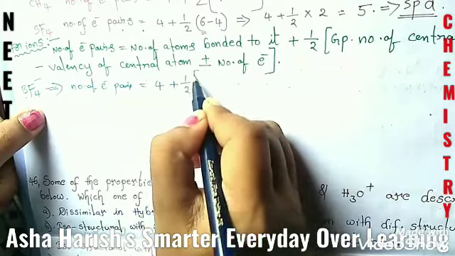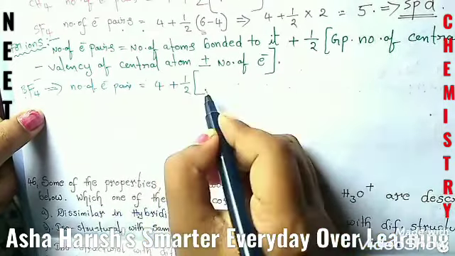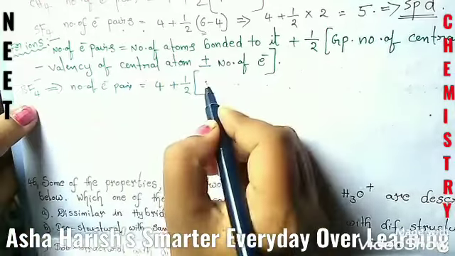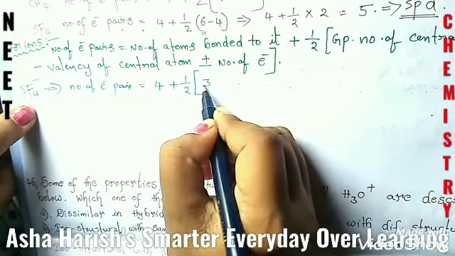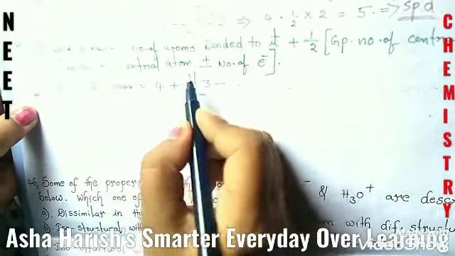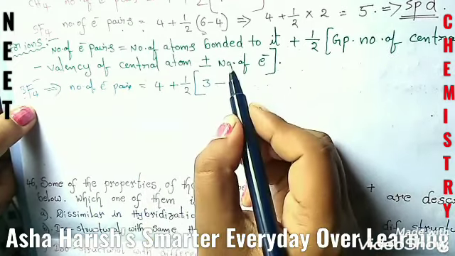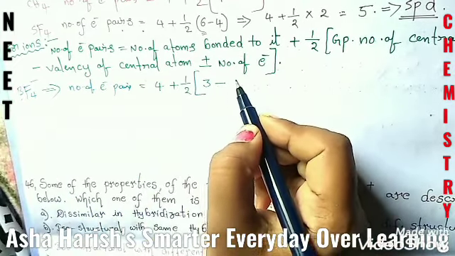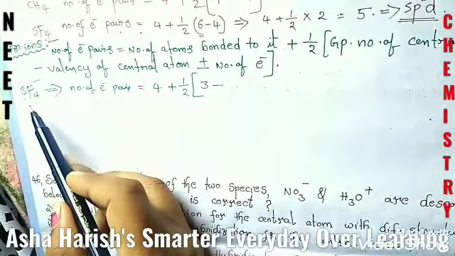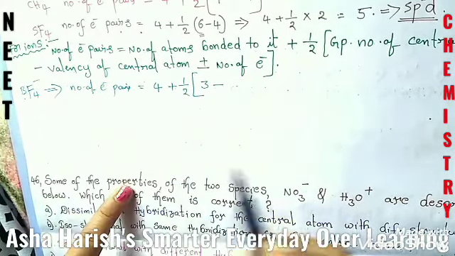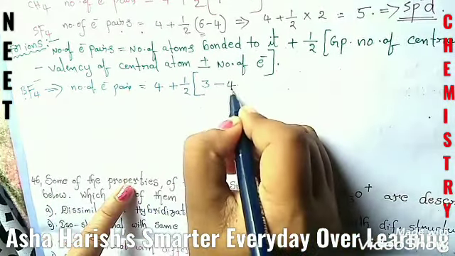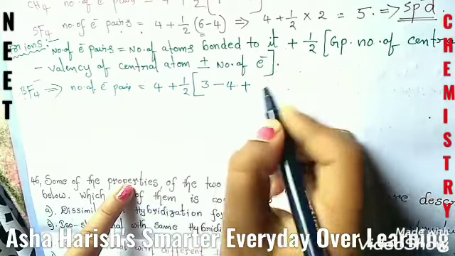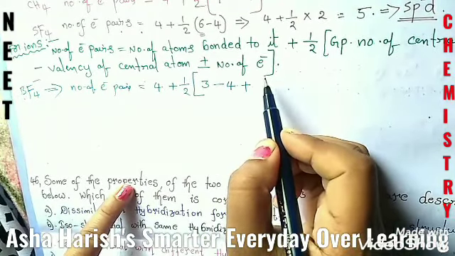Plus half into the group number of the central atom. Boron's group number is 3, minus valency of the central atom, boron. Its valency is 4, since it is going to form 4 bonds with the surrounding atoms, plus number of electrons.